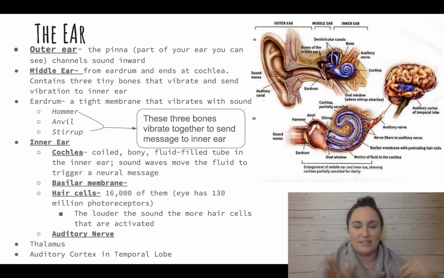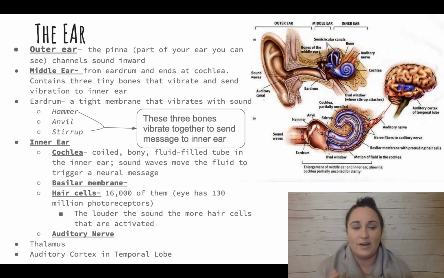So when that vibration happens, it causes the fluid to move, right? Which makes the hair cells move. And when the hair cells move, that's sending a neural message onto the auditory nerve.